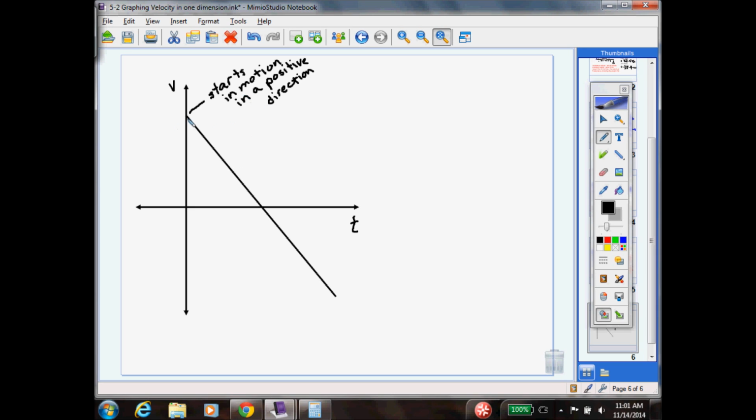This graph is actually showing that as the time goes on, it's getting slower and slower and slower. So through here, the object is getting slower. It's slowing down. Think about a ball that you've thrown higher and higher.